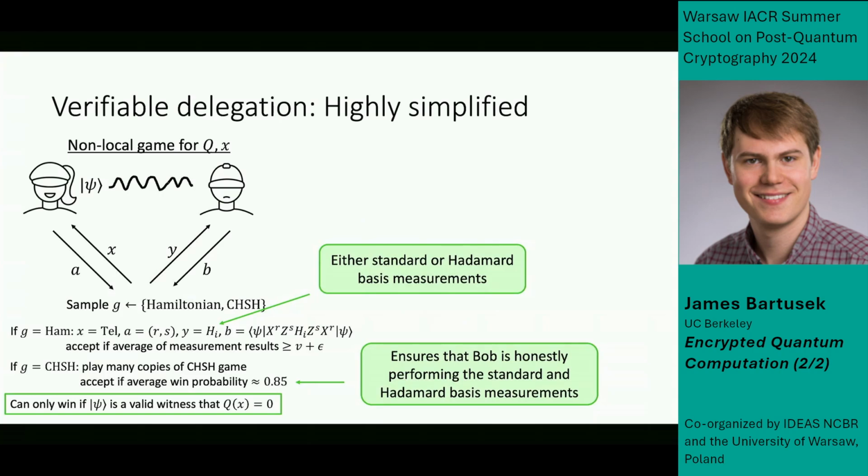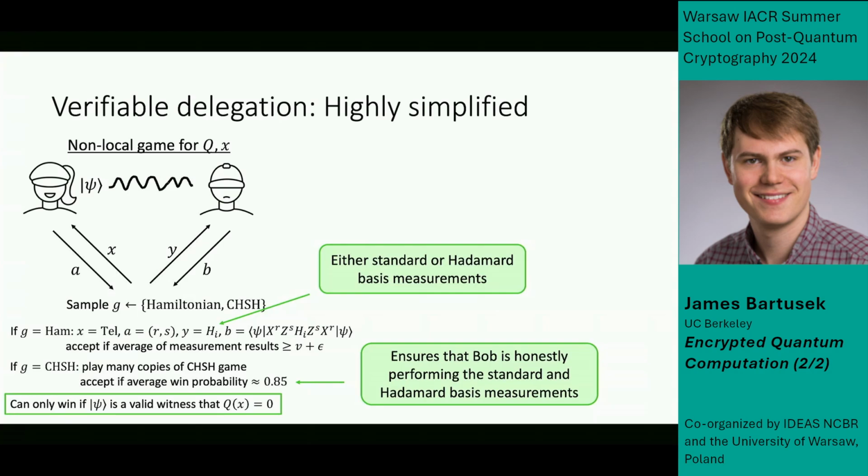So what I want to say, though, at a very high level, is that you can use this rigidity argument to enforce the following, okay? You can set up a game such that if we can be convinced that Bob is applying either standard or Hadamard basis measurements, then we can verify whether any particular computation is 0 or 1.